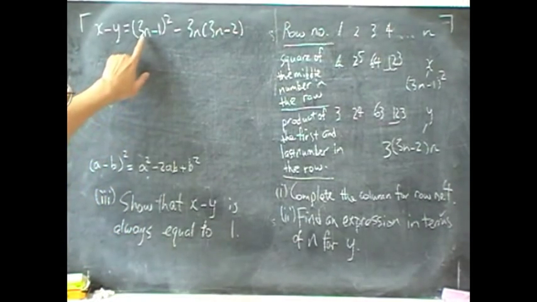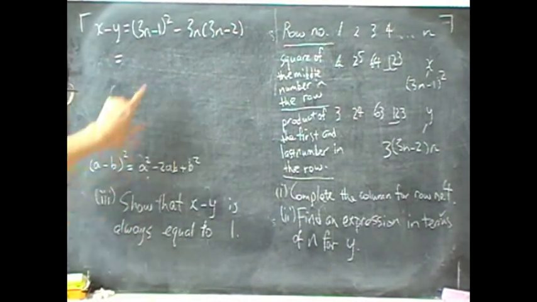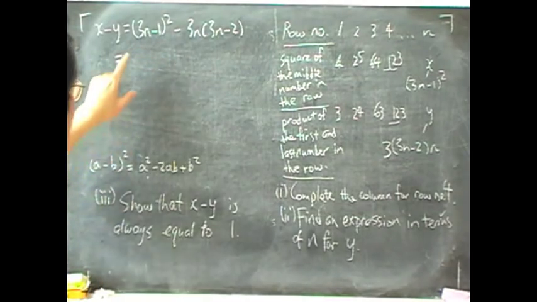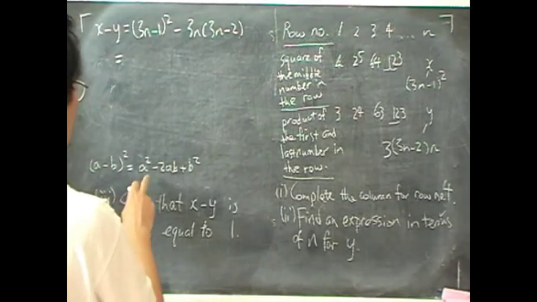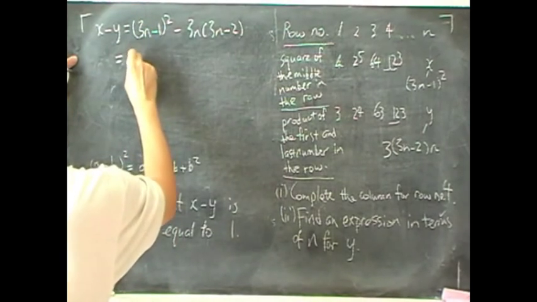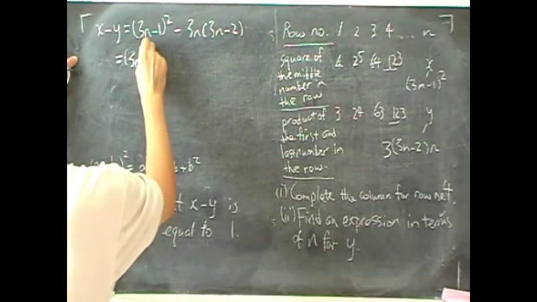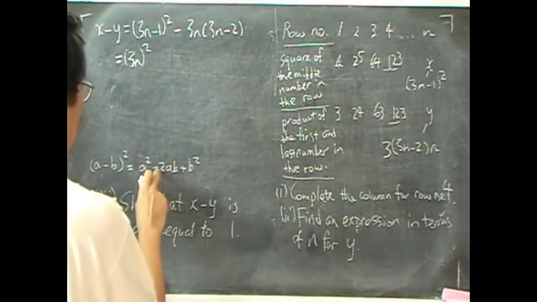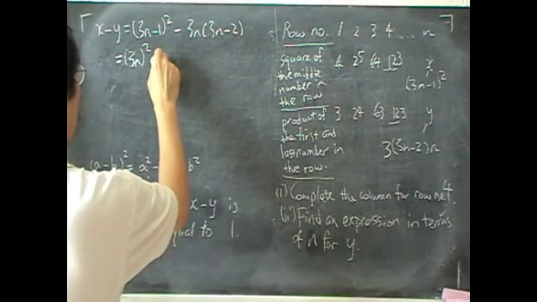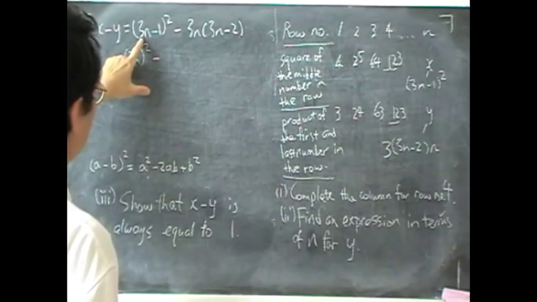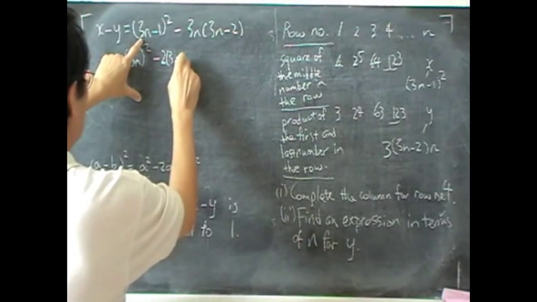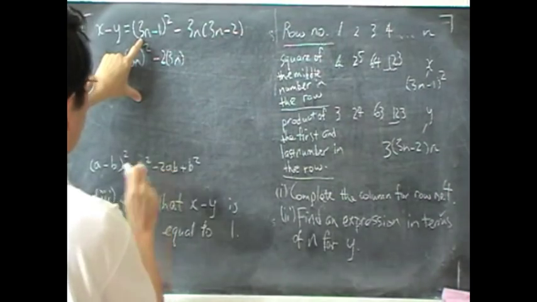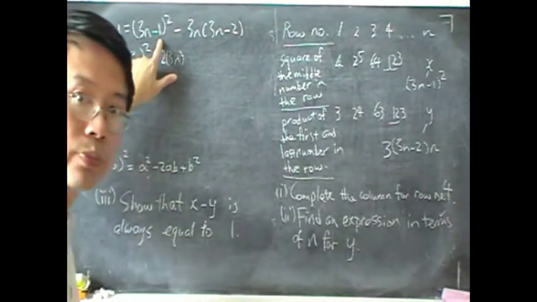A is 3n, b is 1. So the first term, if I expand that, is a squared, which is 3n squared. Next term is minus 2ab, so minus 2 times 3n times b, b is 1.